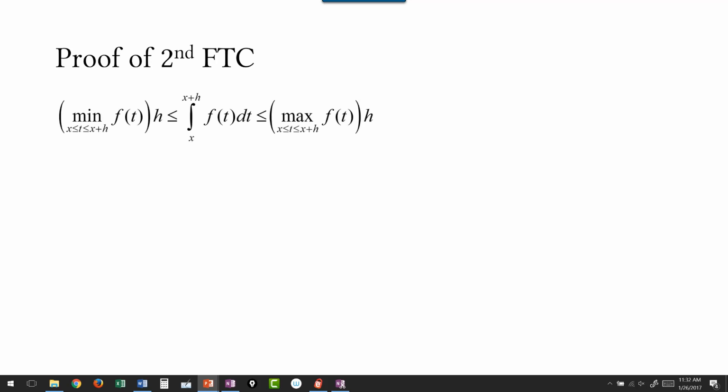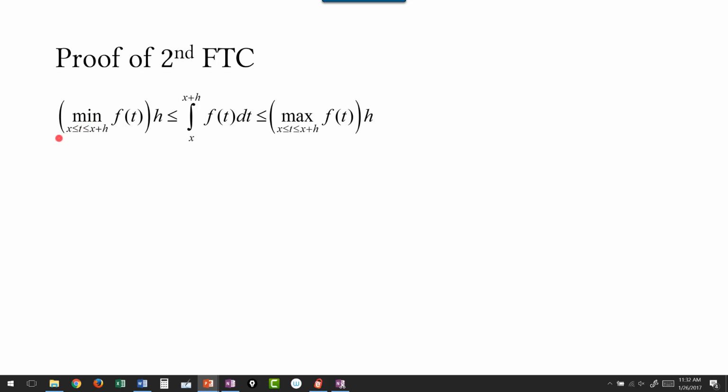We can provide a proof of the second fundamental theorem of calculus that only takes one slide. We start off with the observation that the area under f of t from x to x plus h is bigger than if we take the smallest value for f of t.